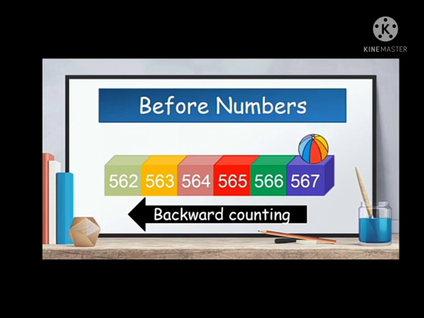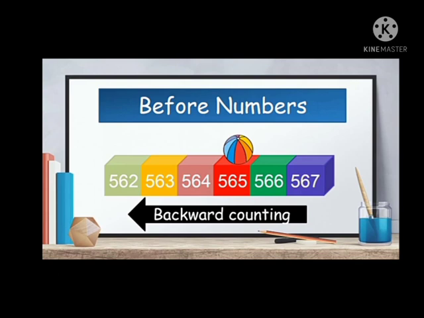The first number we have is 567. Can you say what is the before number of 567? Yes, sure. 566 is the before number of 567. Next we have the before number of 566, that is 565.